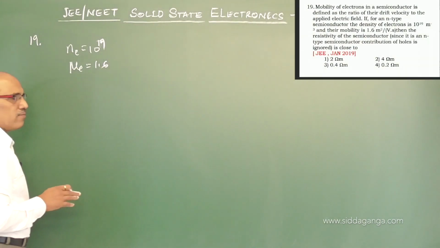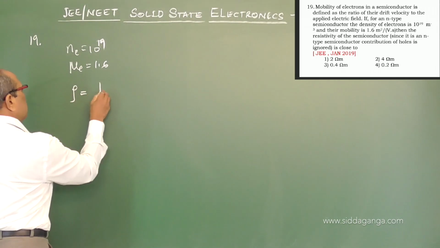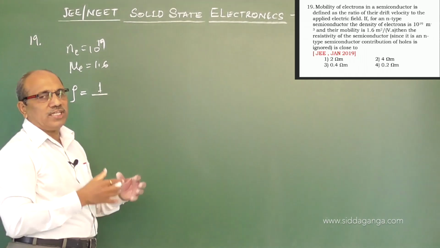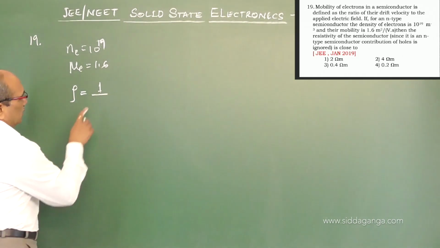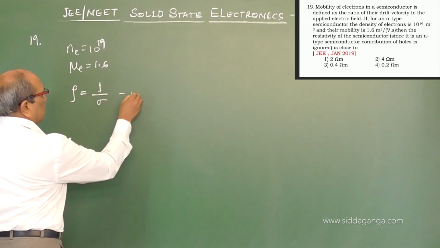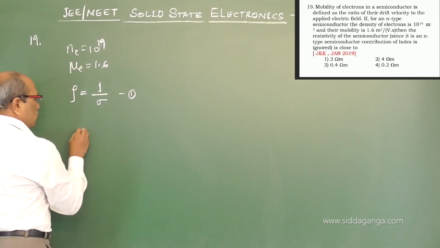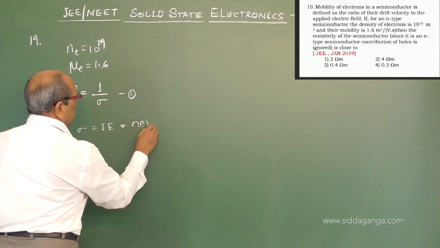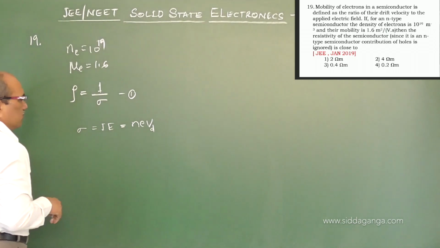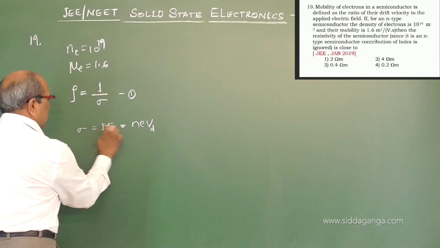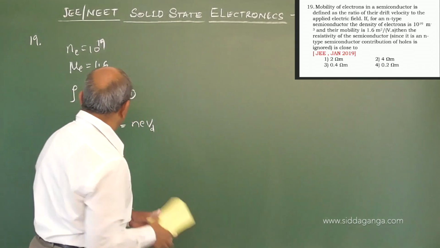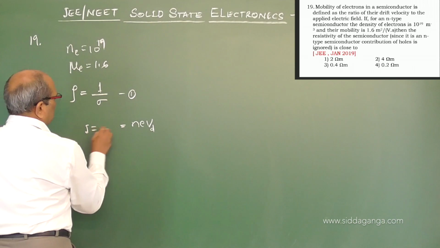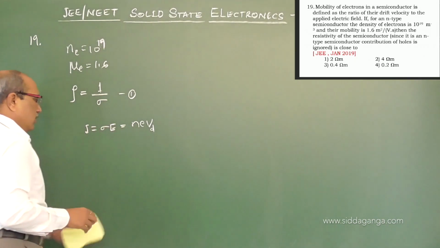The question is asking for resistivity. You have to go again to the current electricity chapter, and this chapter is very closely related to it. Resistivity is equal to 1 by sigma. Also you derived the equation J equal to sigma E, where J is current density.